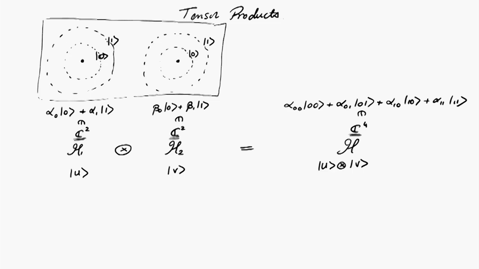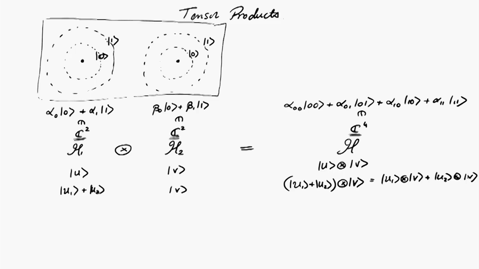So for example, it's bilinear, meaning that if you look at u1 plus u2 tensor v, this is equal to u1 tensor v plus u2 tensor v.